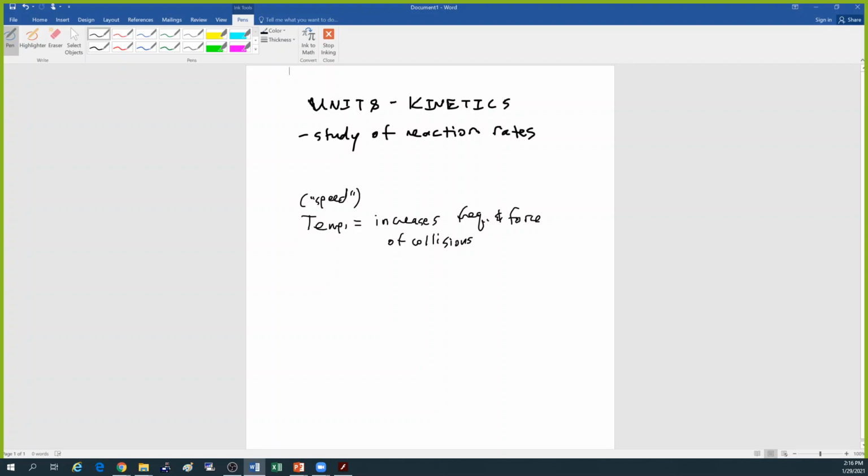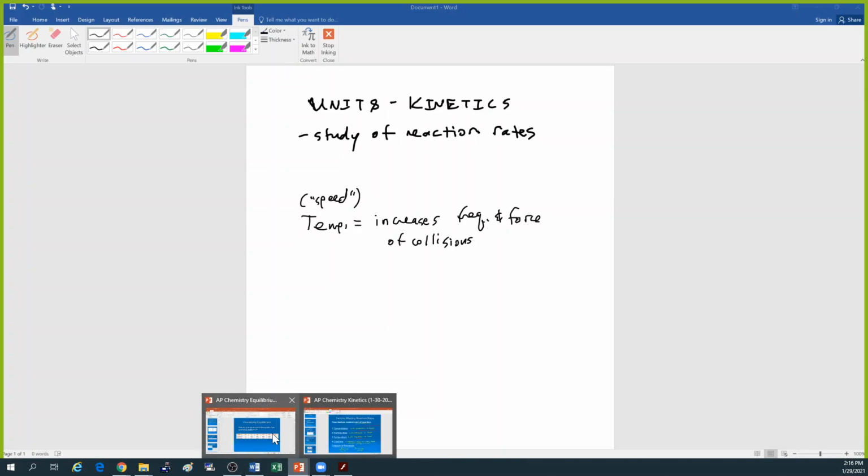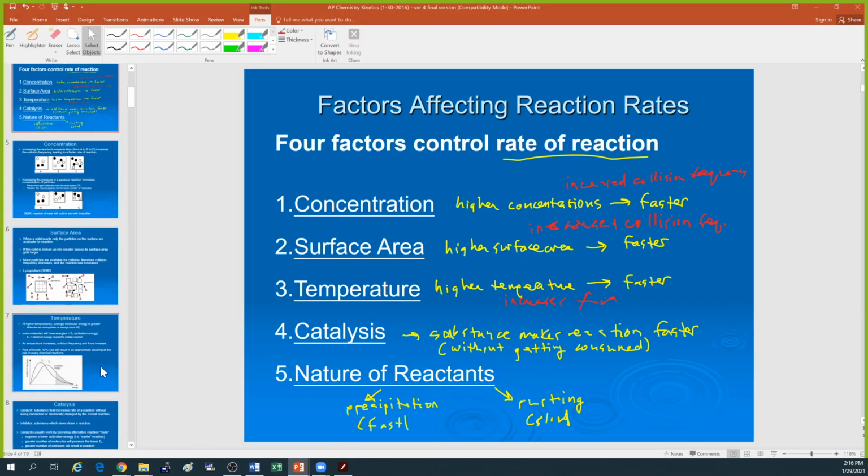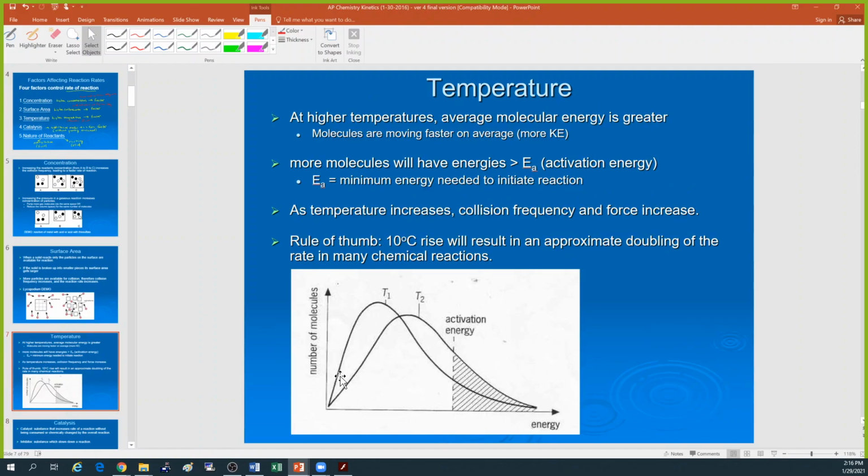And so what that really translates to, if we look at another image here, if you remember these Maxwell-Boltzmann distributions and how they change with temperature, let's imagine that this dotted line on this graph represents the minimum energy of the collision that's needed for the reaction to occur, for the collision to actually produce the products. Well, temperature 1 is the colder temperature, and you'll notice that only a small fraction of the molecules are going to have enough energy for the reaction.